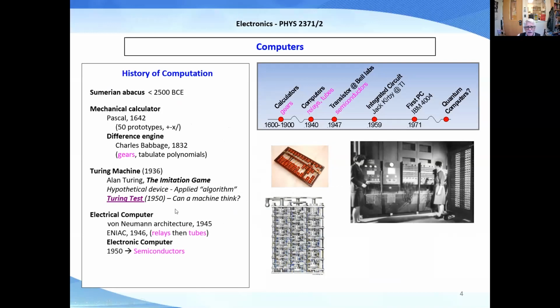And then along came the electrical computer. Some of the old computers in the early middle parts of the 1900s had relays in them, and then they went to vacuum tubes. They used to have a vacuum tube computer at the Children's Museum in Boston, and it was interesting.